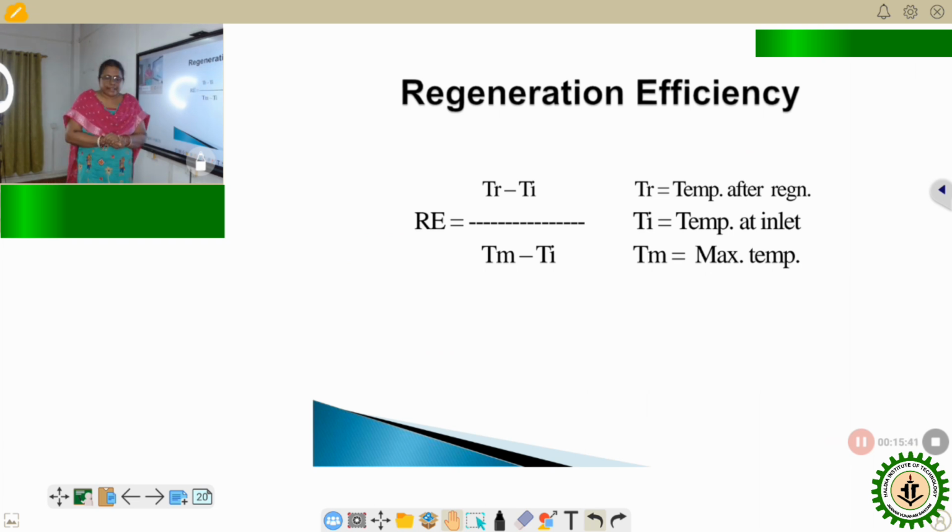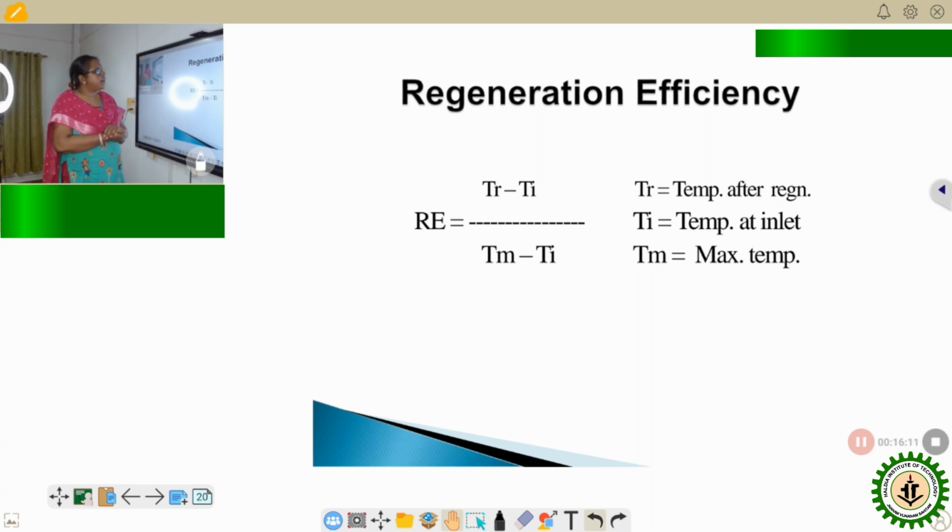Next, another important thing you have to know is the regeneration efficiency. Here I mentioned regeneration: how much heat can be regenerated can be calculated from temperature differences using a formula. Regeneration efficiency equals Tr minus Ti divided by Tm minus Ti.